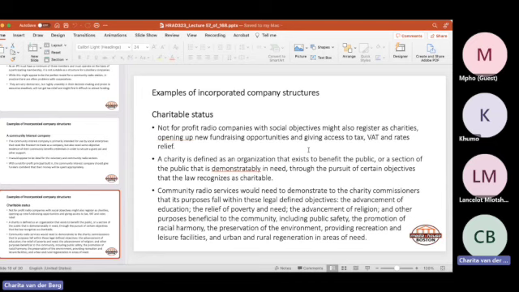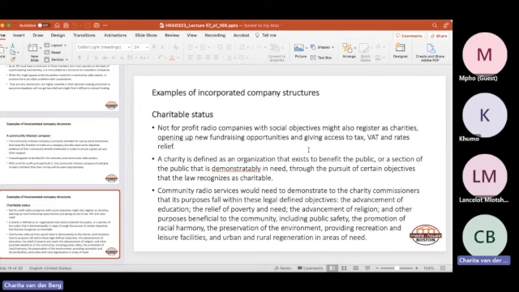So a charity is defined as an organization that exists to benefit the public or a section of the public that is demonstrably in need through the pursuit of certain objectives that the law recognizes as charitable. A radio service would therefore need to demonstrate to the charity commissioners that its purposes fall within the legally defined objectives.